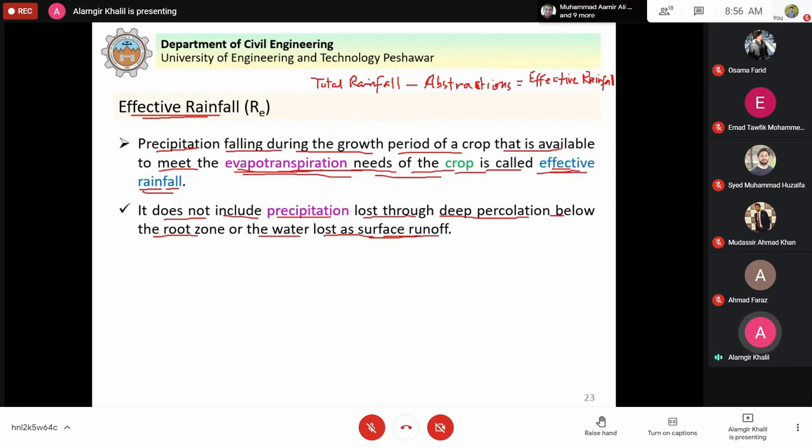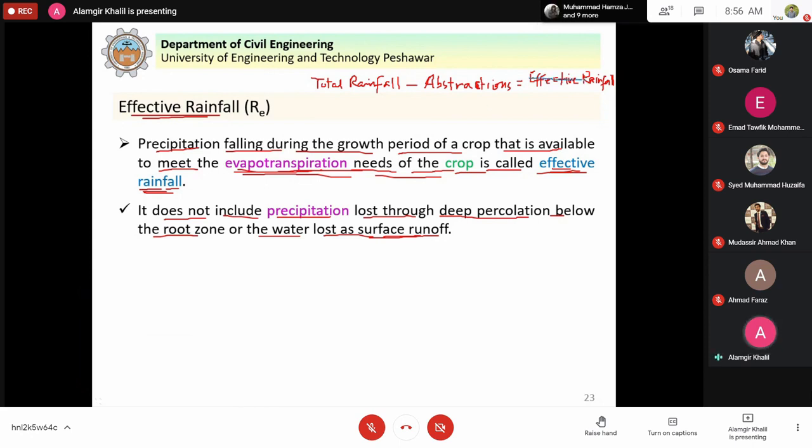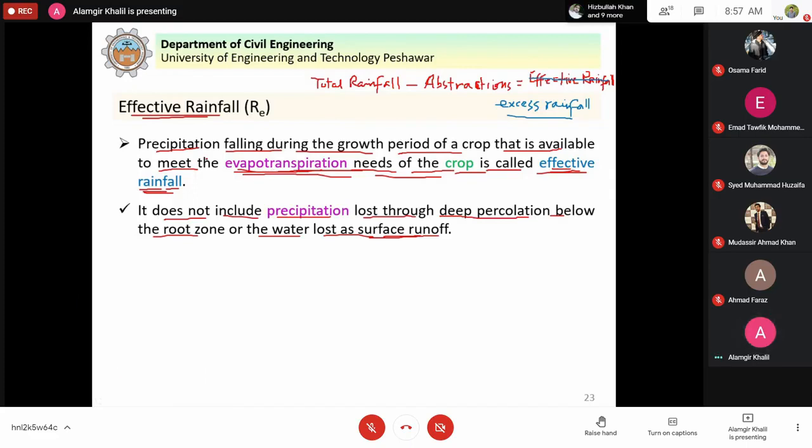Consequently, in hydrology we now call the rainfall that appears as surface runoff excess rainfall, and we reserve effective rainfall for precipitation falling during the growth period of the crop that is available to meet the evapotranspiration needs.